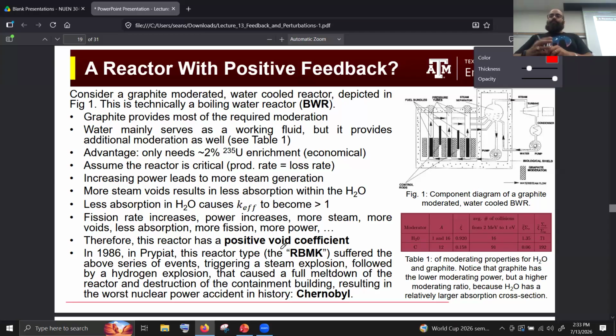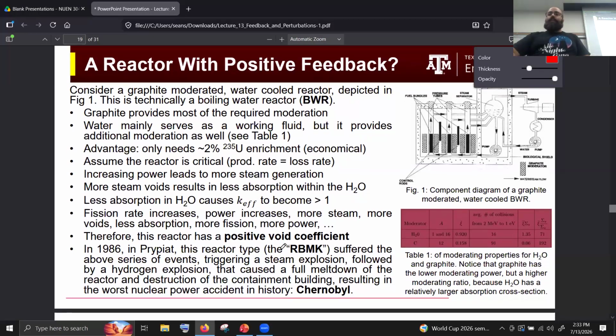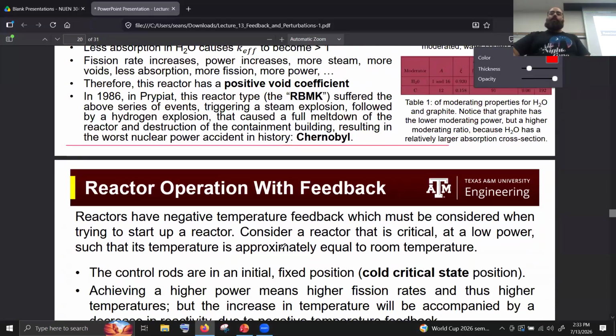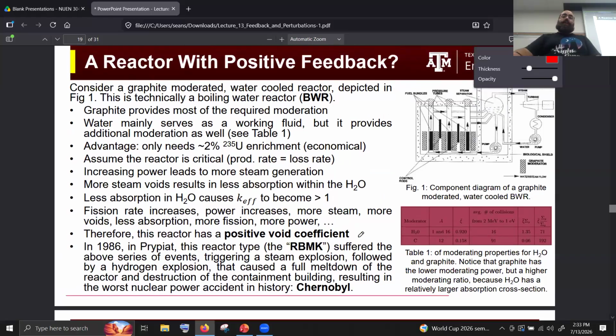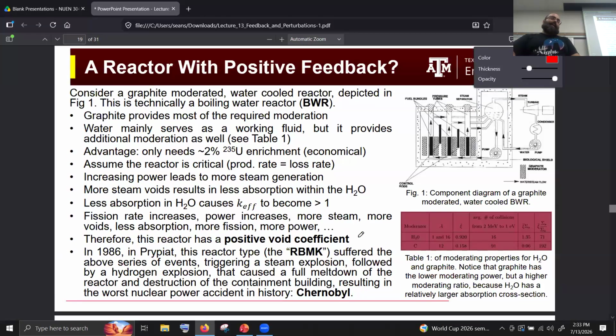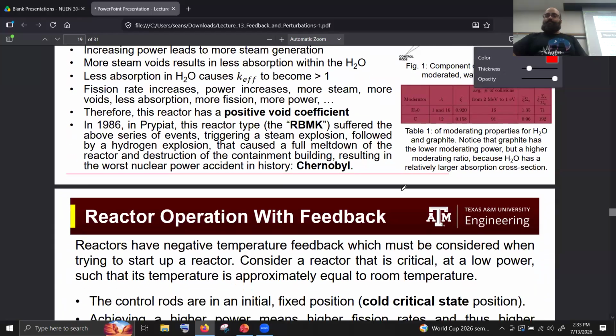So that's a good example of why you don't want a positive void coefficient in your reactor. That's what could happen if you aren't aware of the kinds of coefficients that your reactors have, and also if you are operating those kinds of reactors irresponsibly, which is certainly what they were doing during Chernobyl.